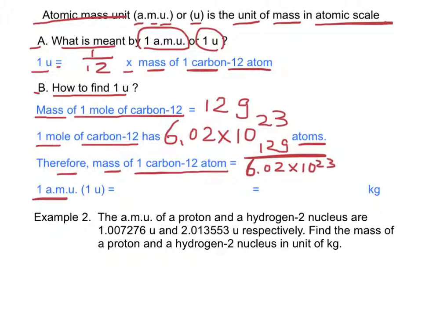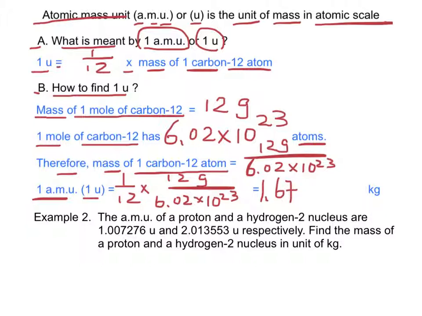Therefore, 1 atomic mass unit, 1 a.m.u or 1 U, equals 1 over 12 times 12 grams over 6.02 times 10 to the power 23, which is equal to 1.67 times 10 to the power negative 27 kilogram.